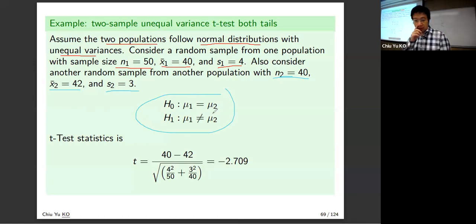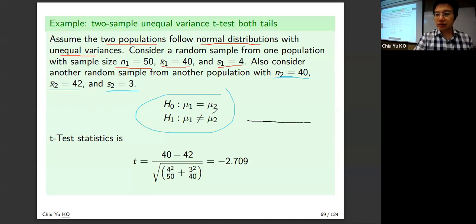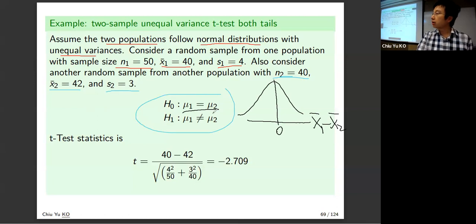We know from our analysis that X1 bar minus X2 bar is a bell curve. Under H0 this is 0: if the population means are the same, the sample means are expected to be the same.